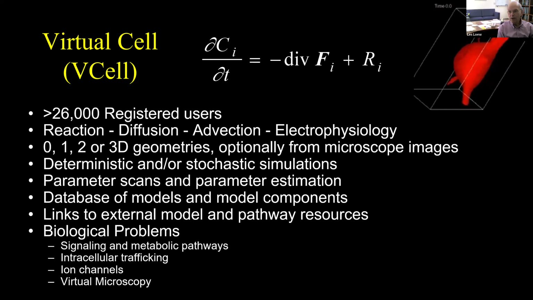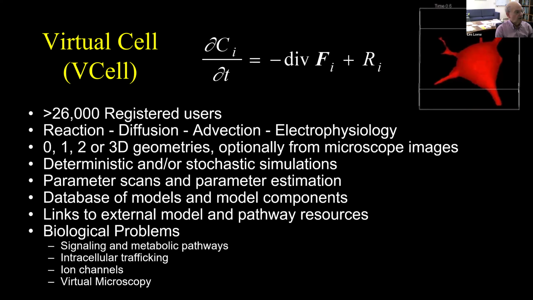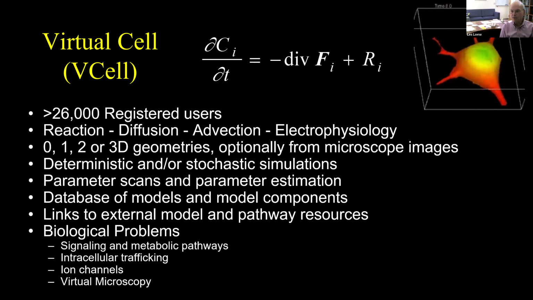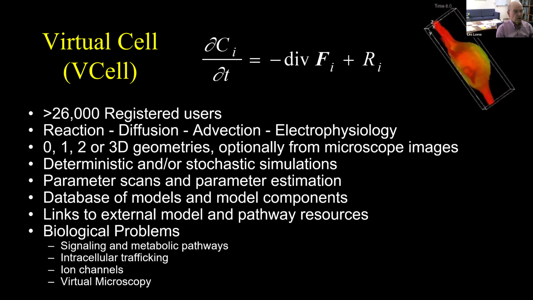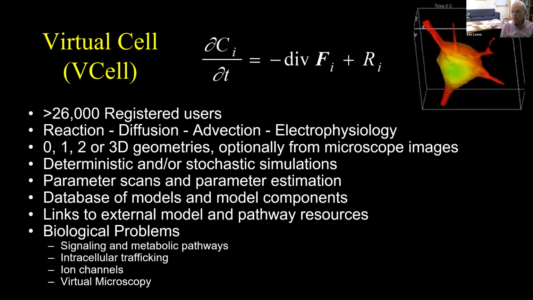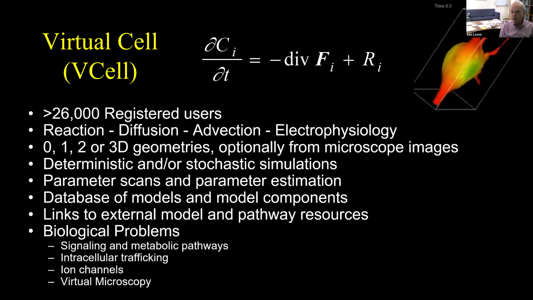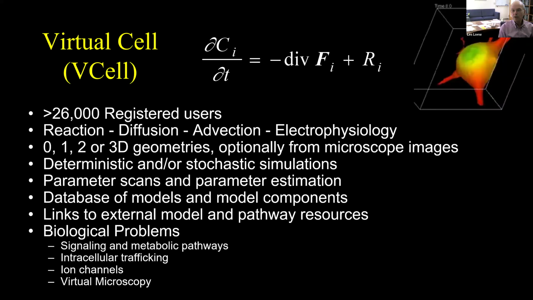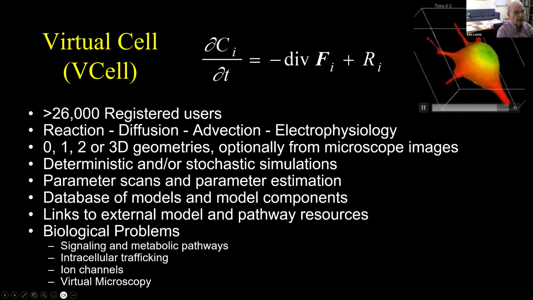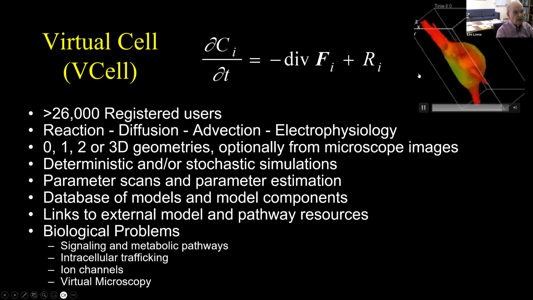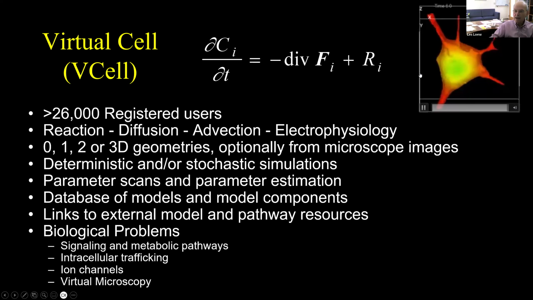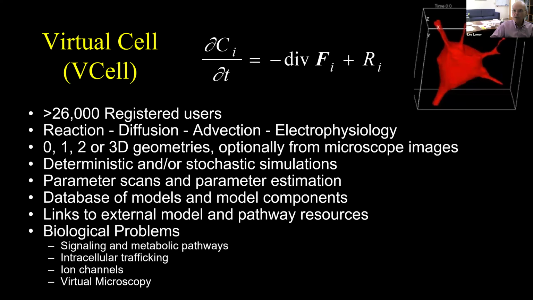Signaling and metabolic pathways, I mentioned those kinds of reaction networks already, intracellular trafficking, ion channels, electrophysiology. And one of the big uses of Virtual Cell is virtual microscopy. If you do a quantitative microscopy experiment, say on a confocal microscope, where you do something like a photobleaching experiment like this one, you can analyze that experiment using Virtual Cell.